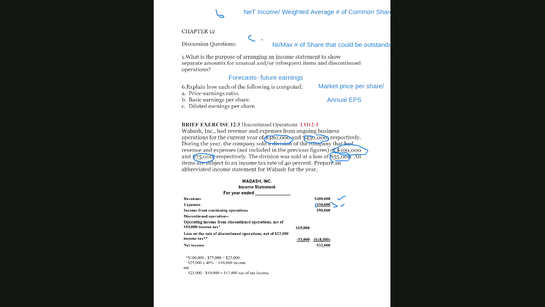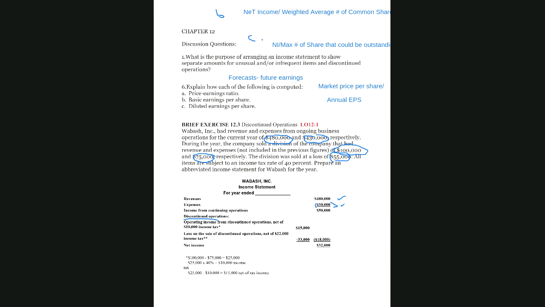Okay, now let's go to the next section, discontinued operations. Remember, always reported separately, and that entire division must be sold off. Okay, so here we know that when we have discontinued operations, it always must be disclosed net of the tax effect. So here we're told the operating income from discontinued operations.